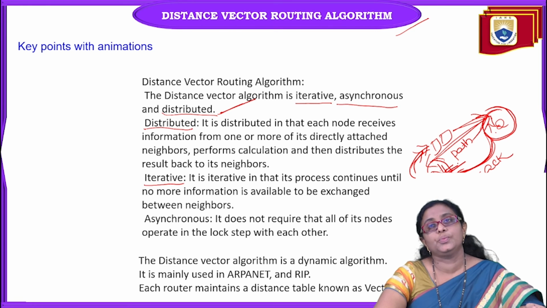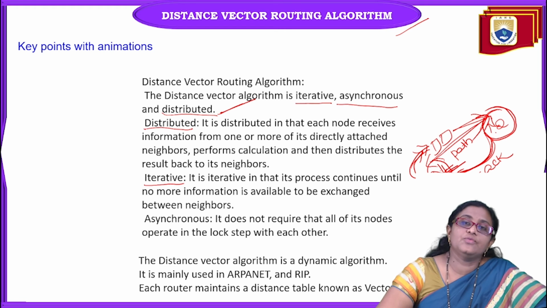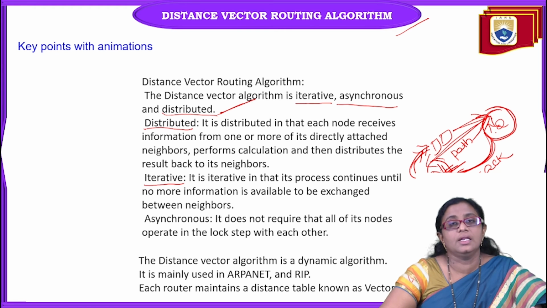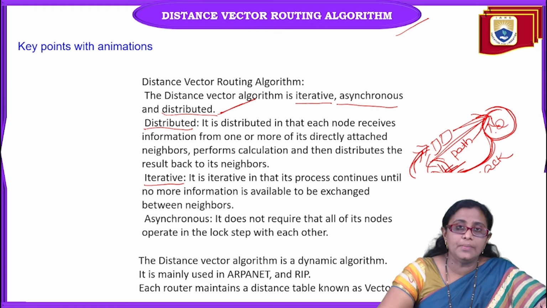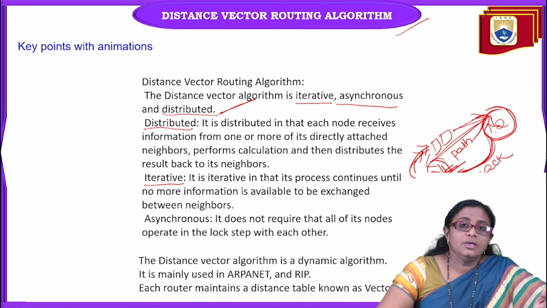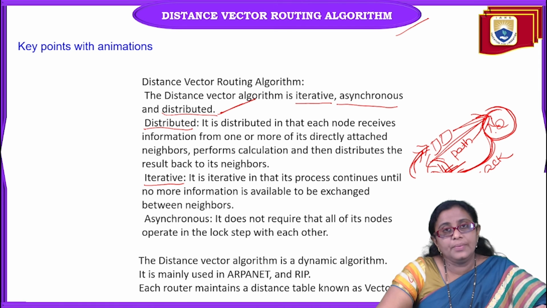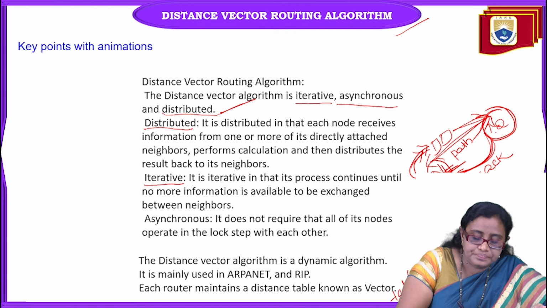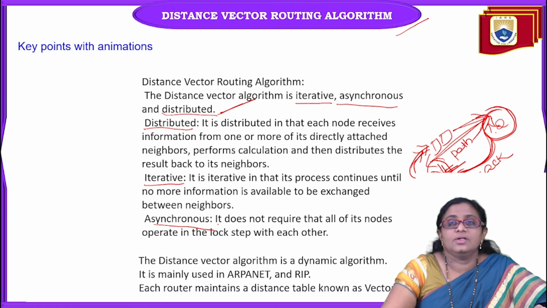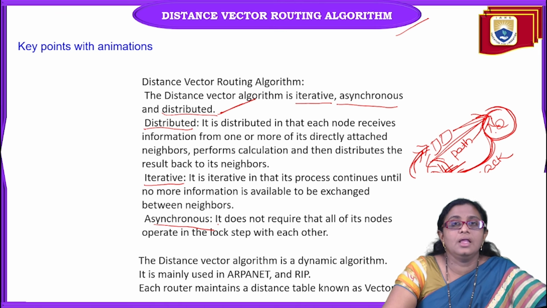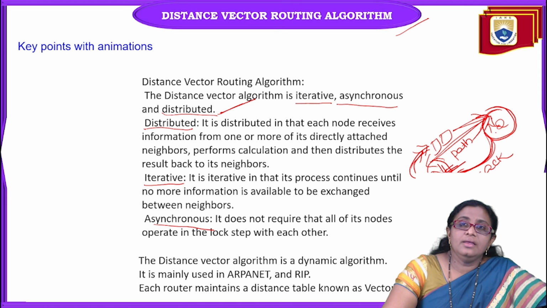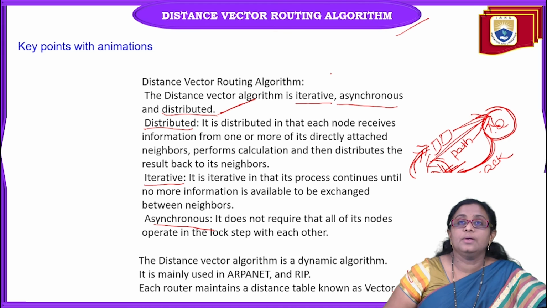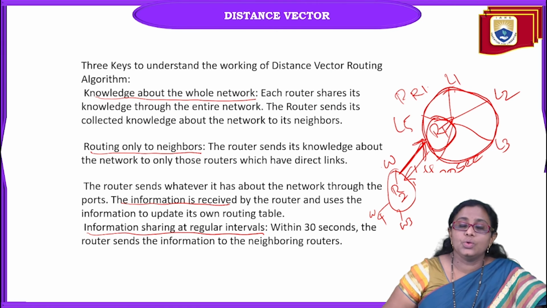This is the distributed part. Iterative means the process continues until no more information is available to be exchanged between neighboring networks. Coming to asynchronous, it doesn't require that all of its nodes operate in lock step with each other. Hence, the other name for the distance vector routing algorithm is the Bellman-Ford routing algorithm.